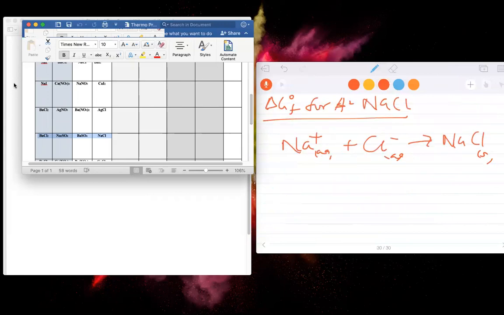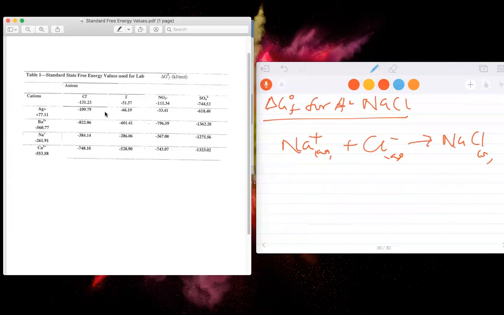Using our table here, I see product, sodium chloride, sodium and then chloride. It is product minus reagent. Using this equation, delta G naught of formation will be the summation of delta G naught of product minus the summation of delta G naught of reagent.